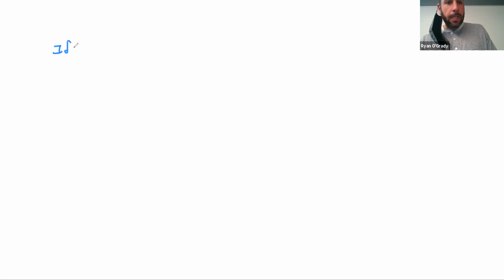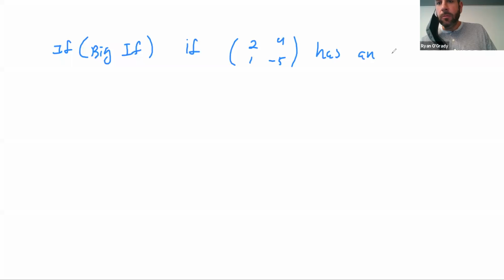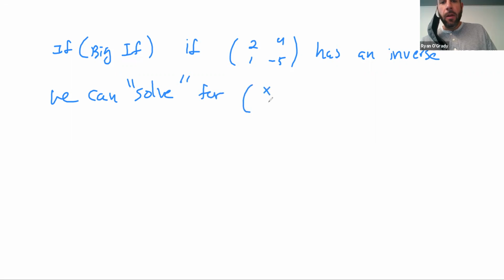If, and that's a big if, the matrix 2, 4, 1, -5 has an inverse, we can quote unquote solve for x and y by multiplying both sides by the inverse.